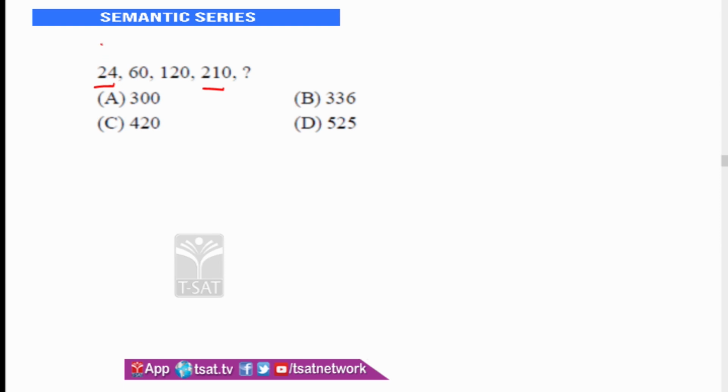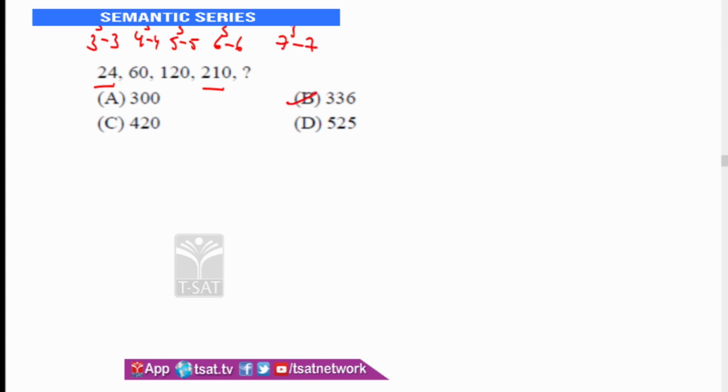I can write 24 like 3 cube minus 3, 60 as 4 cube minus 4, 120 as 5 cube minus 5, 210 as 6 cube minus 6. Obviously, the answer will be 7 cube minus 7.